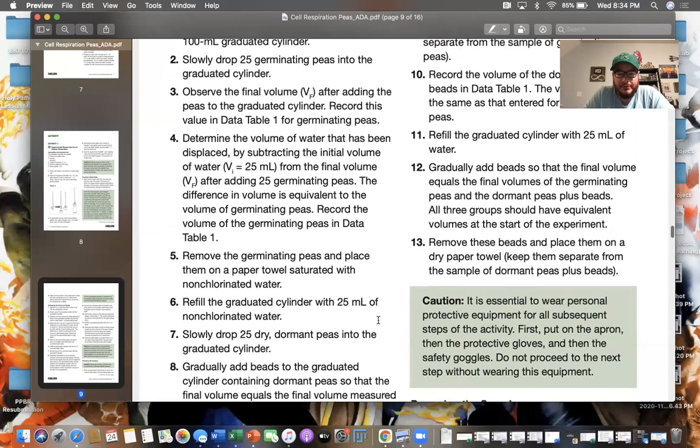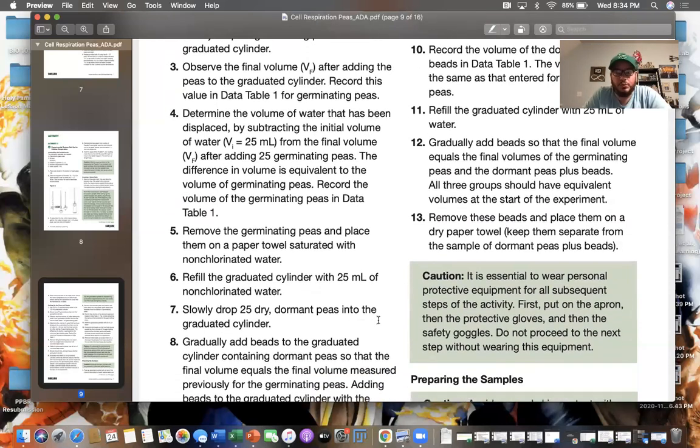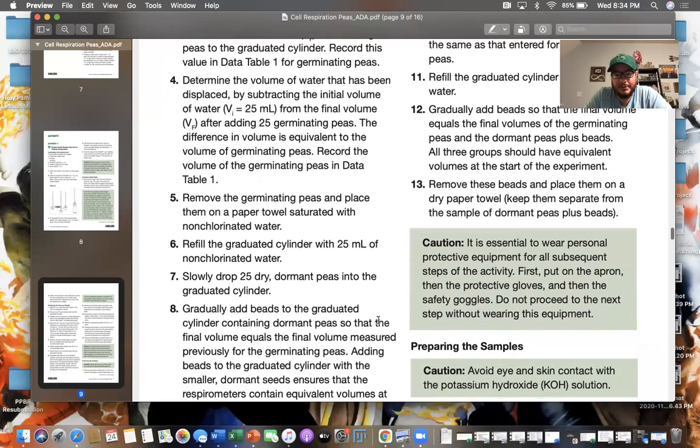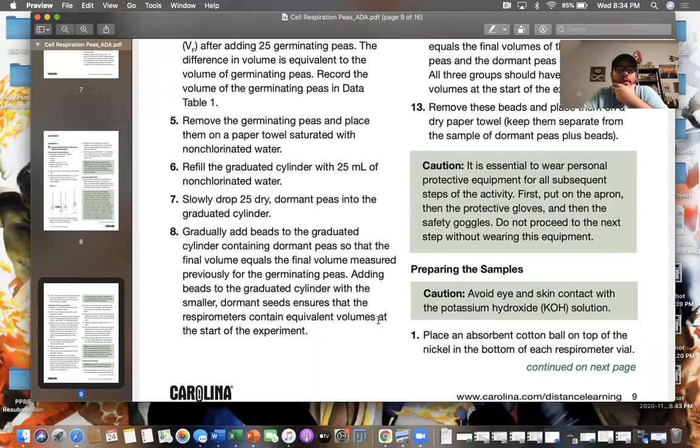Slowly drop 25 dry or dormant peas into the graduated cylinder. Okay, gradually add peas to the graduated cylinder. All right, so I'm putting 25 of these guys, the dry Alaska peas, into the graduated cylinder.